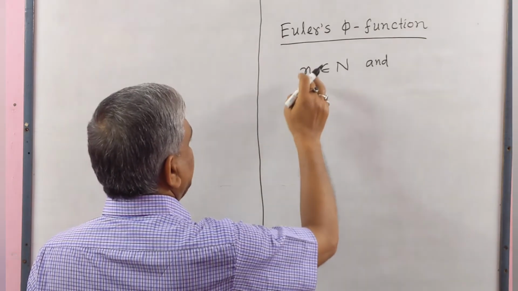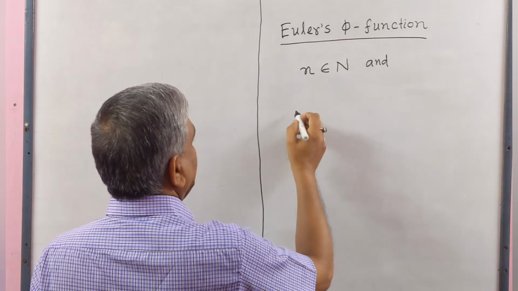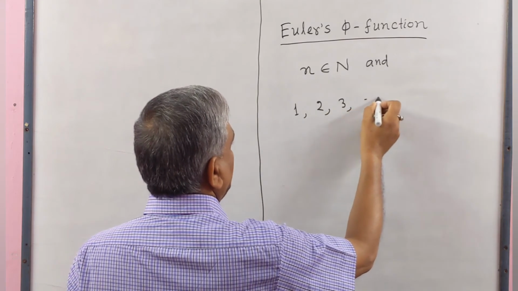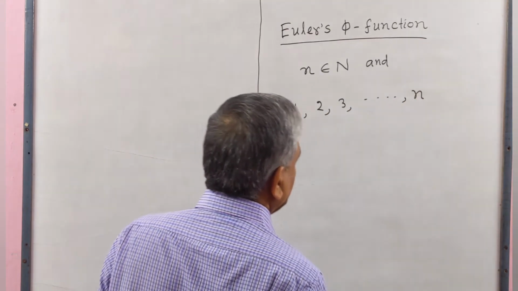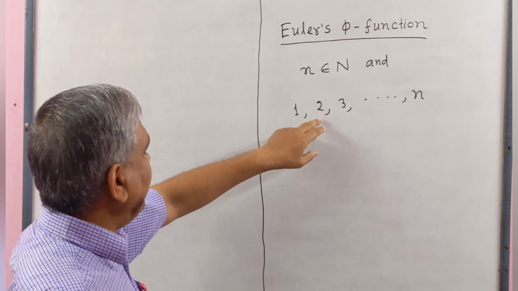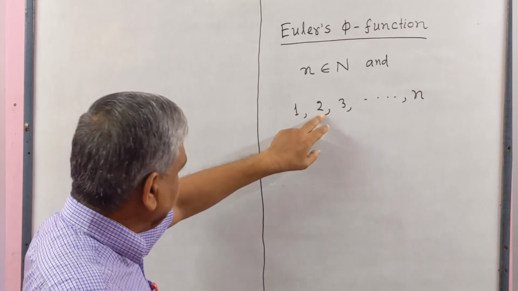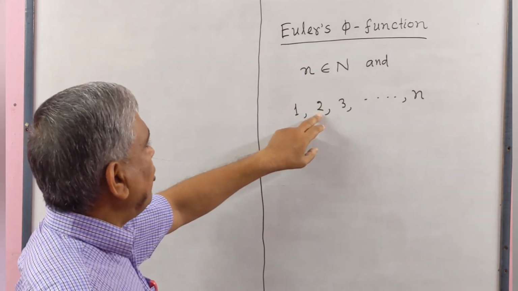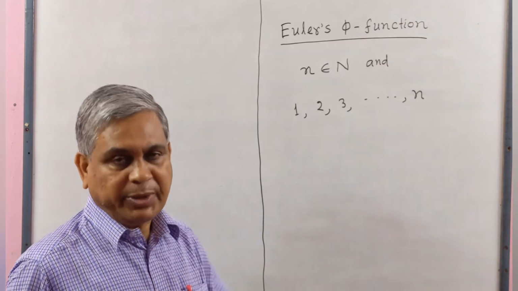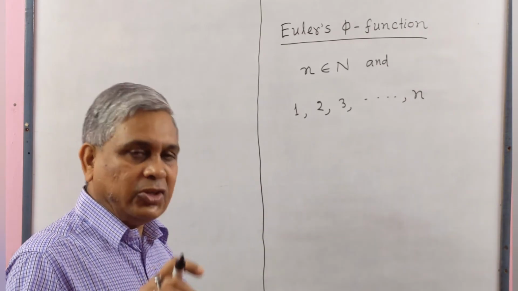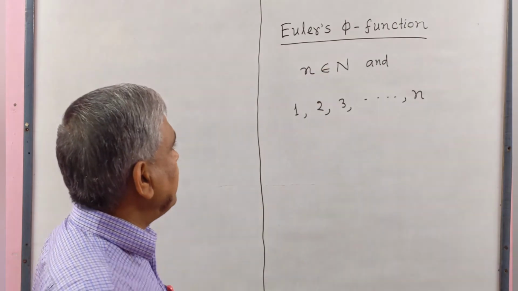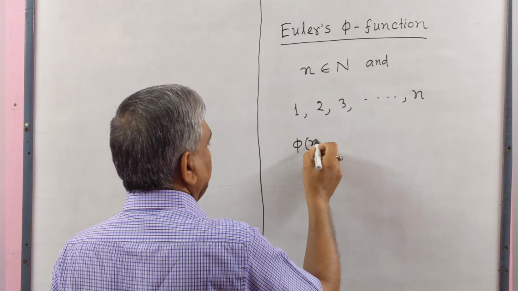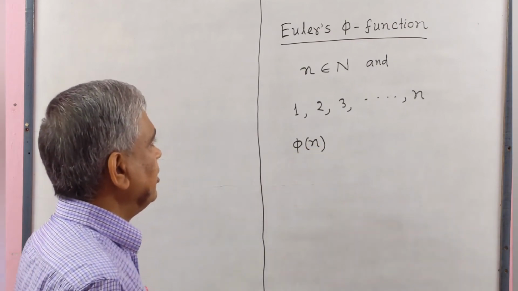The positive integers not exceeding n are 1, 2, 3, ..., n, in which we will try to find the integers which are prime to n. The number of those positive integers is called Euler's phi function of n. We denote this by phi n.